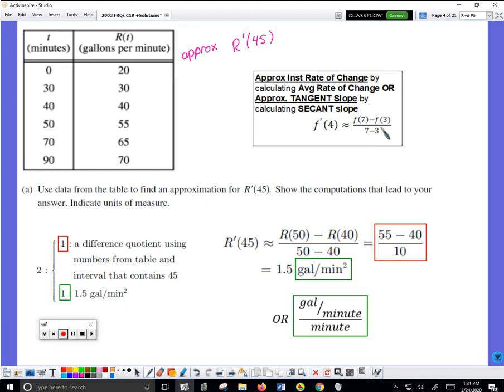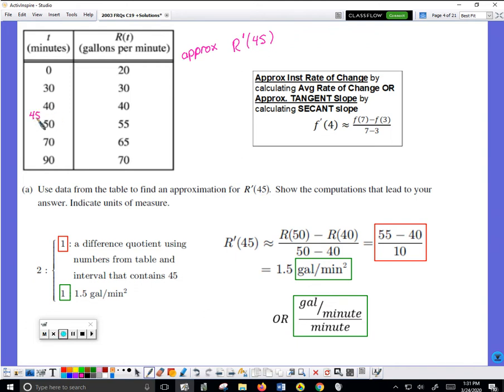So I'm being asked to approximate the instantaneous rate at which R is changing at time 45. I do that by finding the average rate at which R is changing. So I note, at time equal 50, like I'm supposed to find time 45, but there is no time 45.